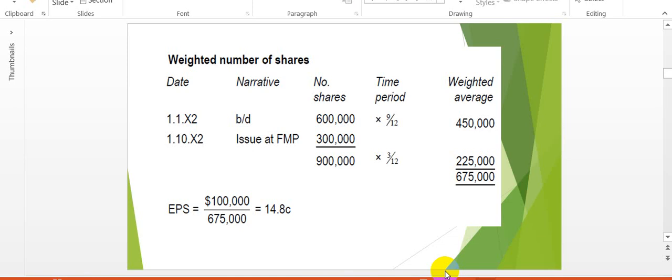So the weighted average number of shares in the year was 450,000 plus 225,000 to give you a total of 675,000 shares. So you can now compute your EPS. The earnings, 100,000, divided by the weighted average number of shares, 675,000, to give you an EPS of 14.8 cents.